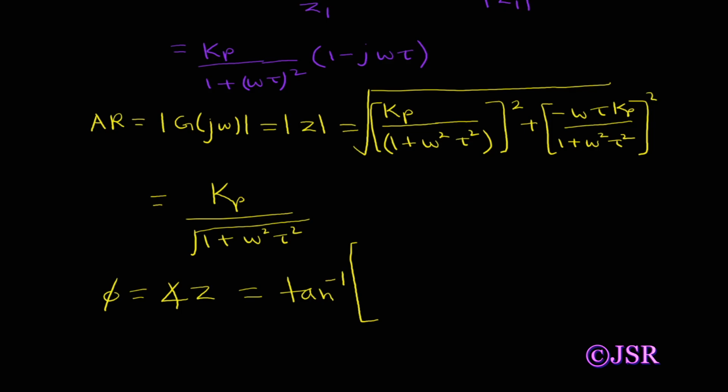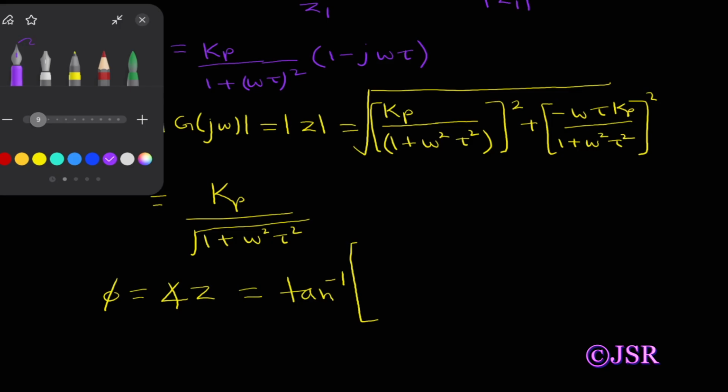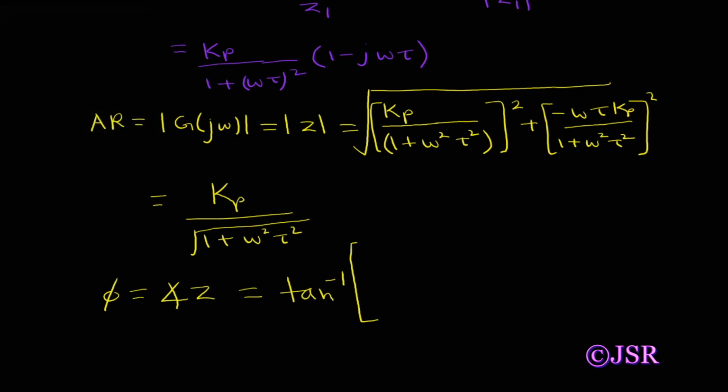The imaginary part of z is this one, and the real part of this is this one. So this is b and this is a. So this will be b upon a.